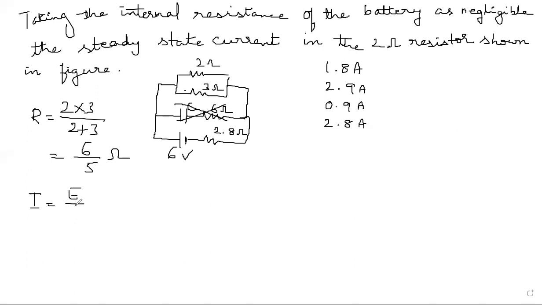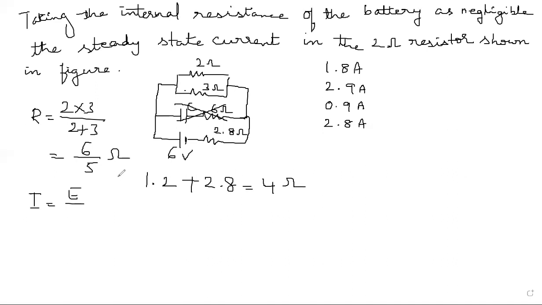So you have to find the steady current across the 2 ohm resistor. Before I go with the total current, you can see after solving this we'll get one resistor that is connected in series. So 6 by 5 can be written as 1.2. So 1.2 plus 2.8 is equal to 4 ohms.